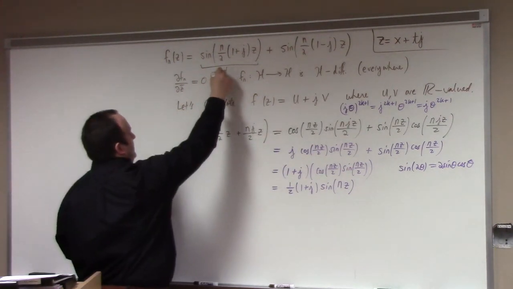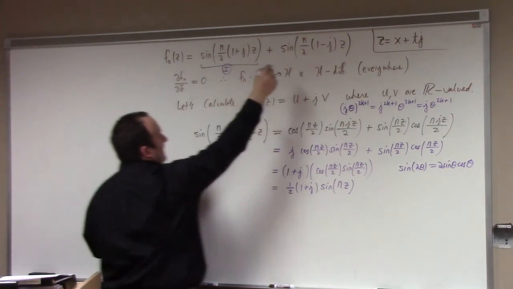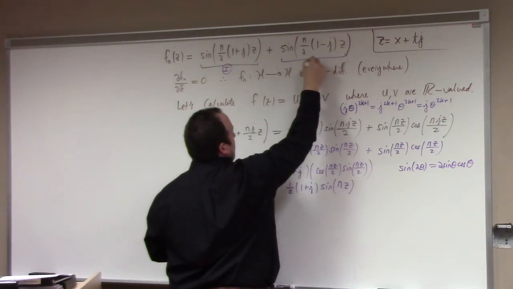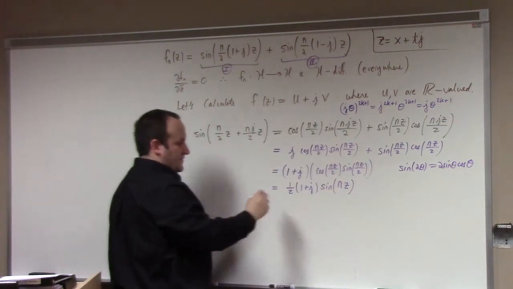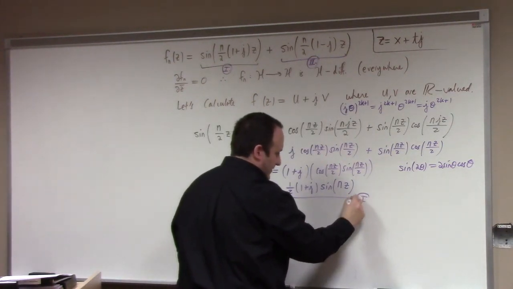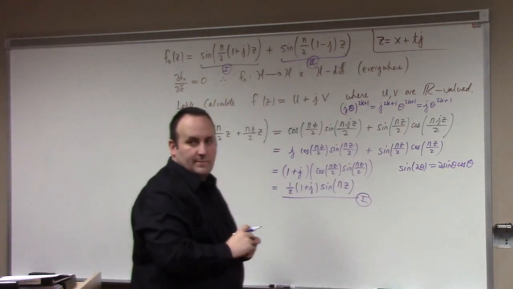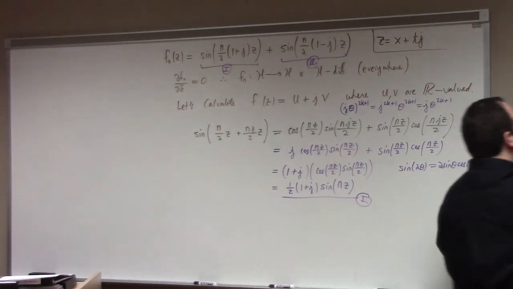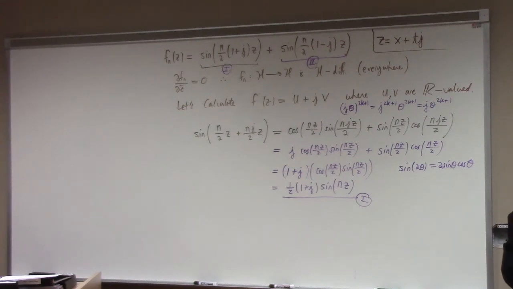Let's call this thing 1. Let's call this thing 2. So this is equivalent to 1, and I think it's better. Let's go through the same calculation for 2. What do we get for 2?